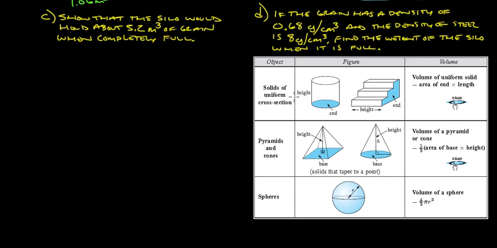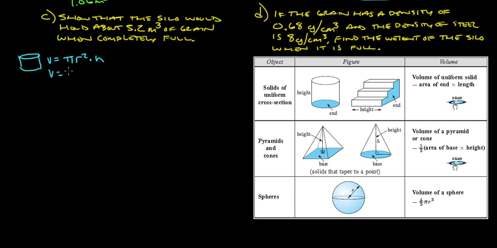So solids of uniform cross section is this here. So basically the can, the cylinder part here. So we've got the cylinder. The volume is going to equal the area of the end, which is pi r squared, and then we multiply it by the height.